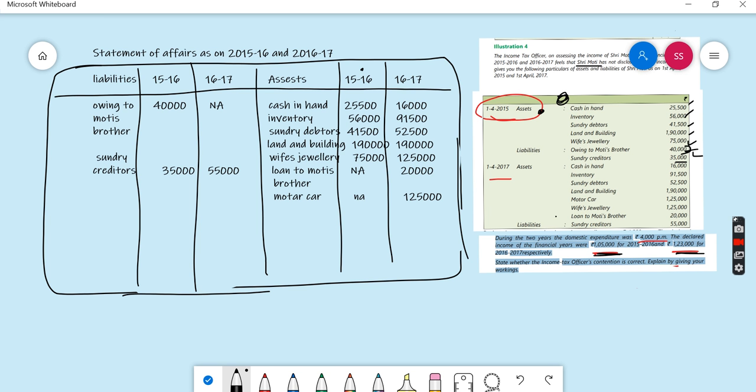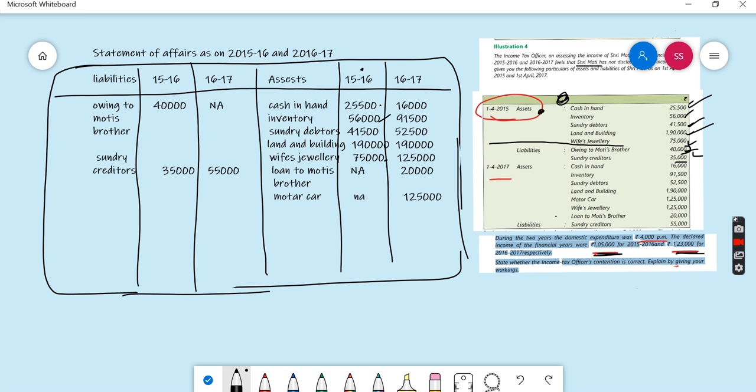Cash in hand 25,500 here, and then inventory 56,000, sundry debtors 41,500, land and building 1,90,000, wife's jewelry 75,000. Right? That's it.